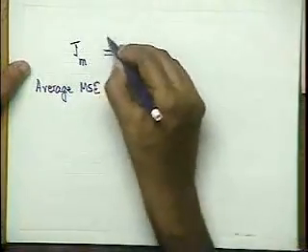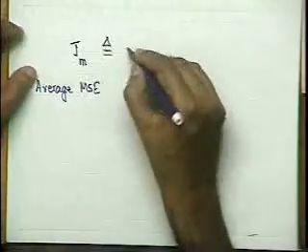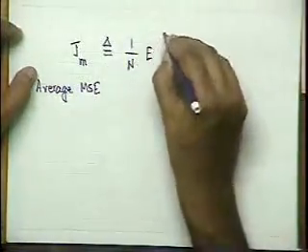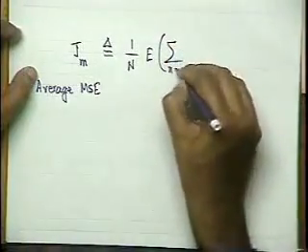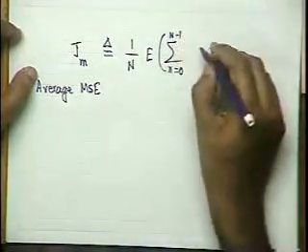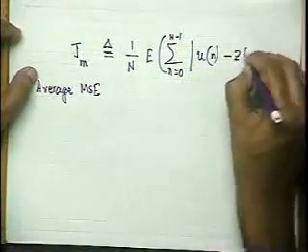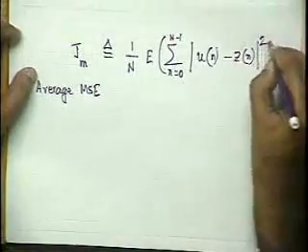By definition, I can write it as 1 upon n, expectation of summation n equal to 0 to capital N minus 1, mod of un minus zn square.